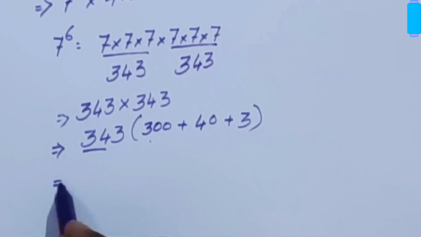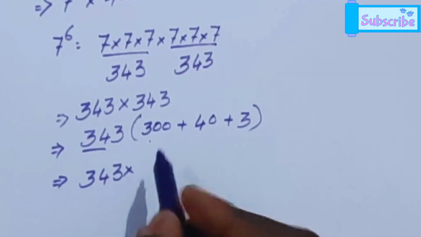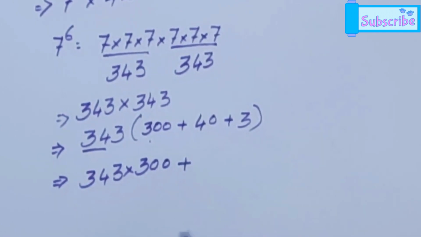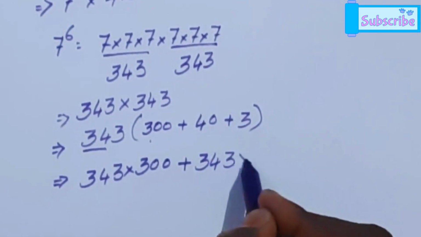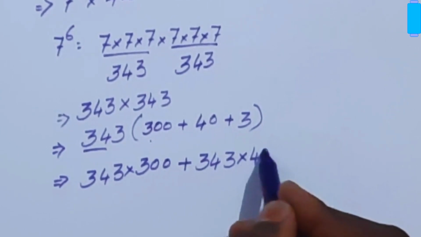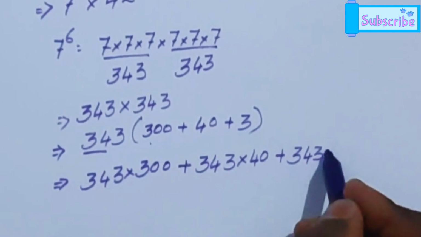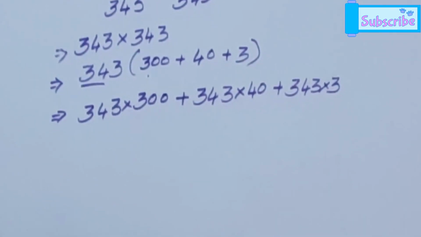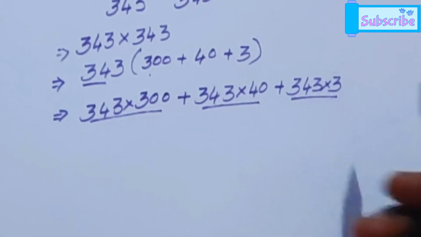So 343 times 300 plus 343 times 40 plus 343 times 3. Now we are going to multiply this first and this second and this third.